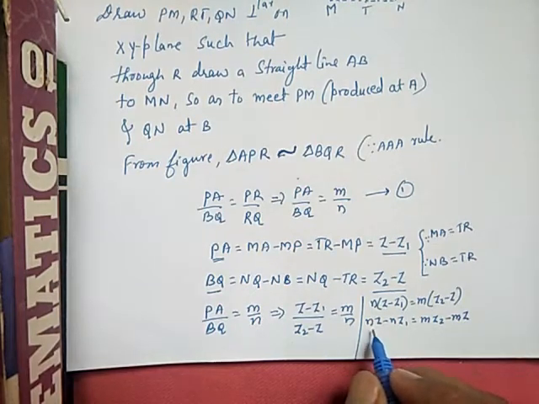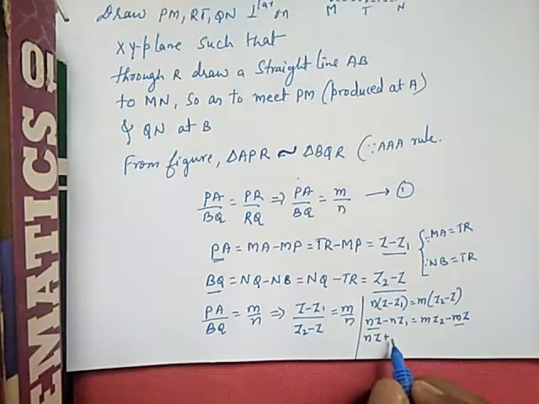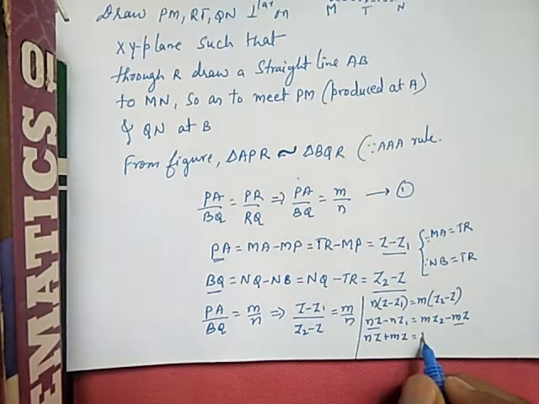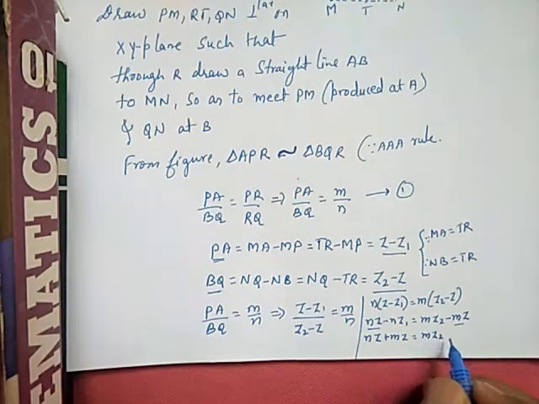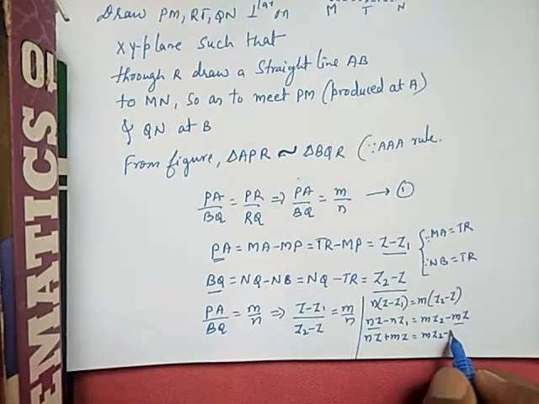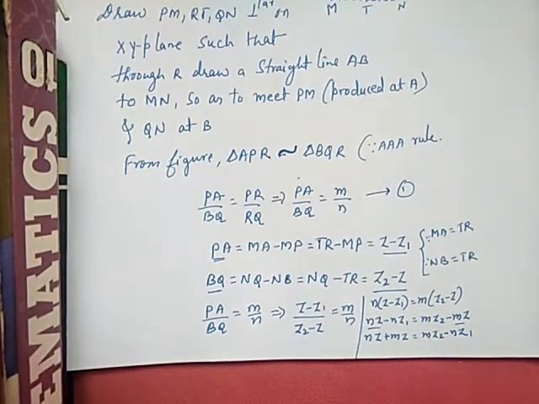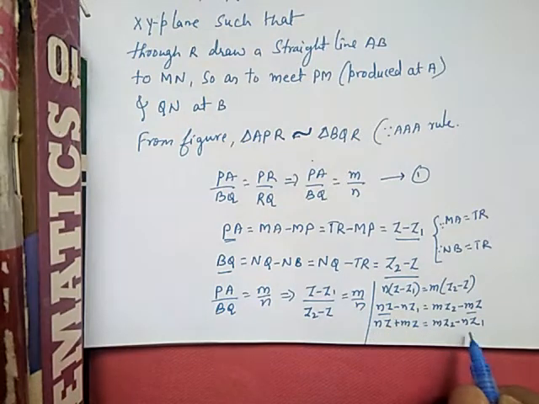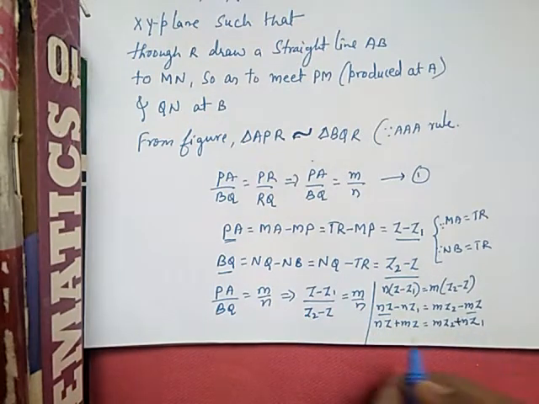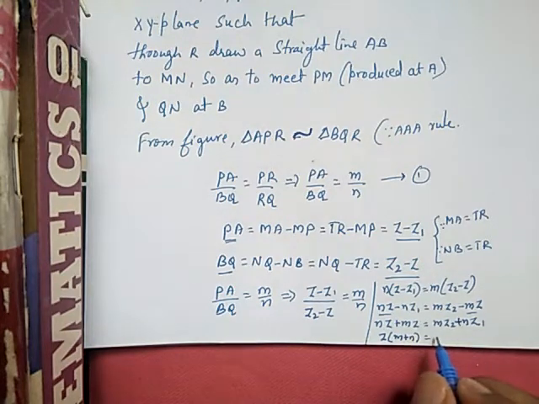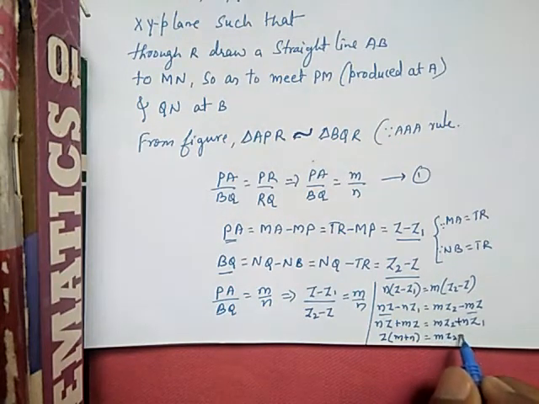Okay, so you can take the Z terms to one side. You can take NZ plus MZ is equal to MZ2 minus NZ1, which after simplifying becomes plus NZ1. What is common here? Z is common. So you can write M plus N, which is nothing but MZ2 plus NZ1.